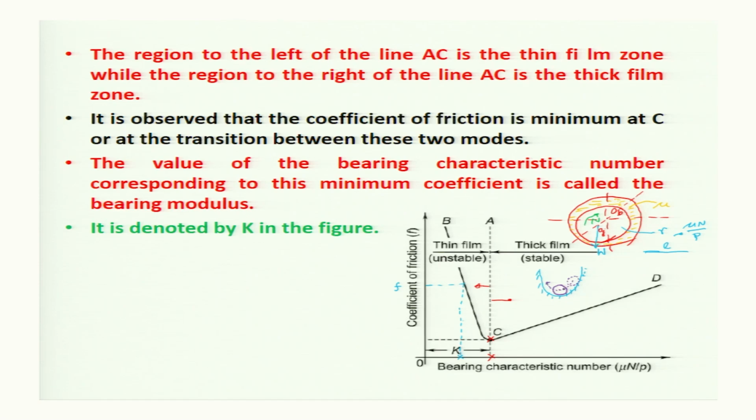So if due to certain disturbance the equilibrium location is disturbed, but after some time it comes to the original equilibrium position, then it is a stable system.